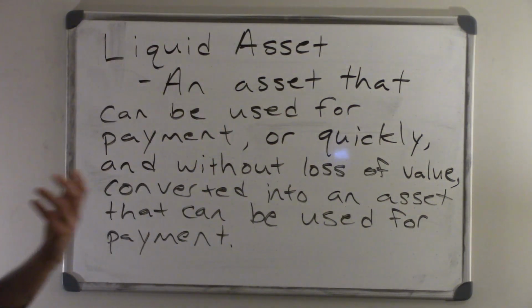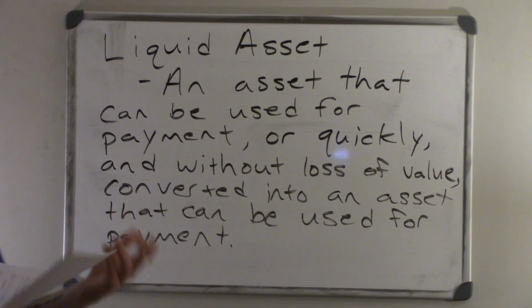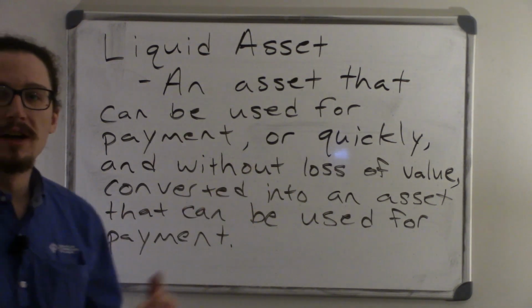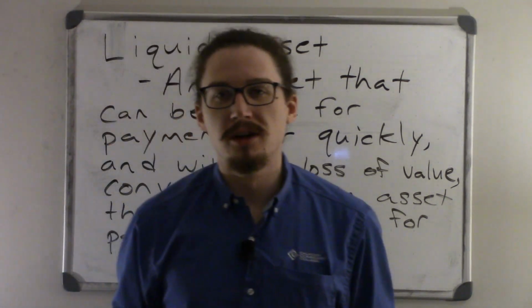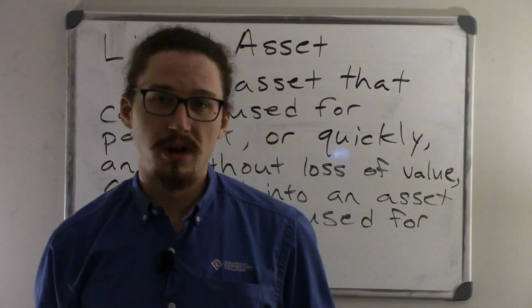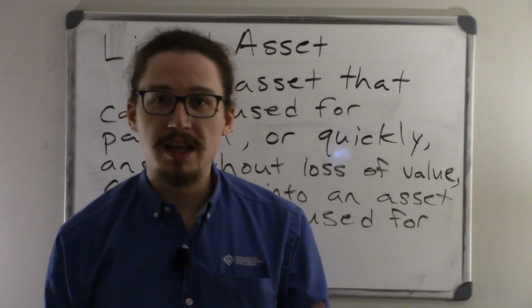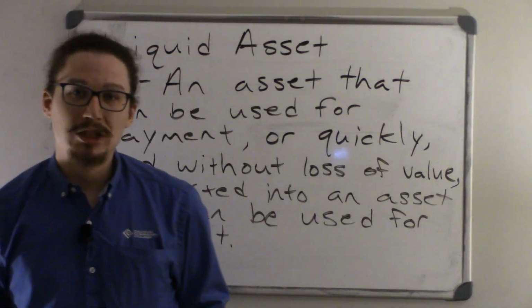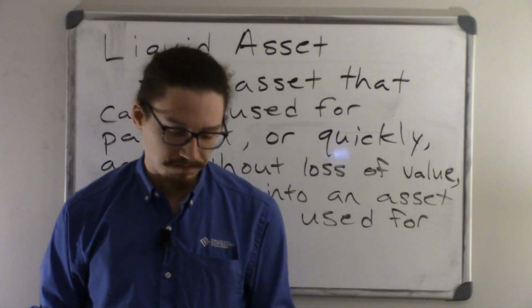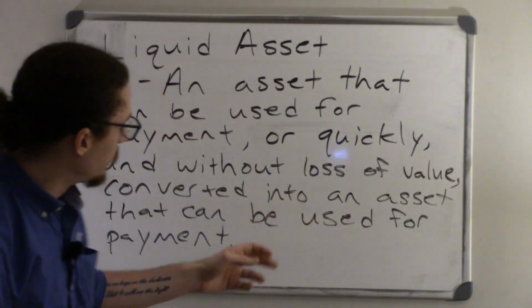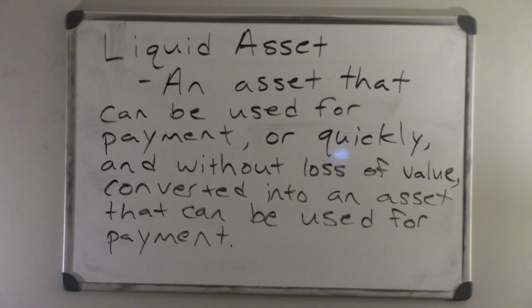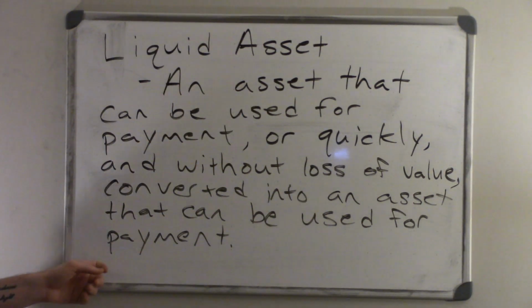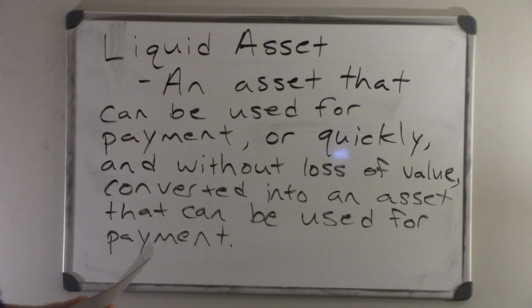And if I wanted to convert it into something else like cash quickly, I would probably have to sell it for less than it's worth. If you need cash quickly, you're going to sell things at a lower price than they're worth, just to get that money faster. And so that would not be a liquid asset.